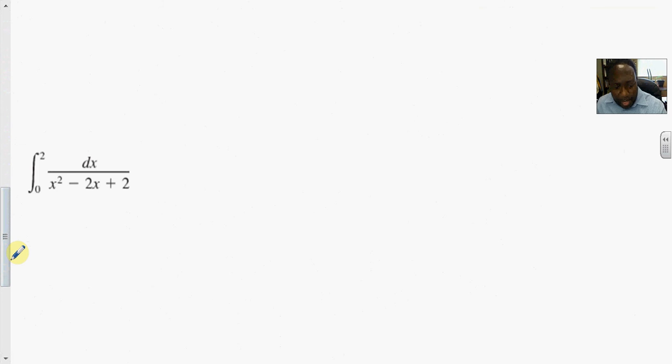Complete the square on this guy. This denominator is begging me to have a perfect square trinomial. What other way in terms of how you would simplify this?